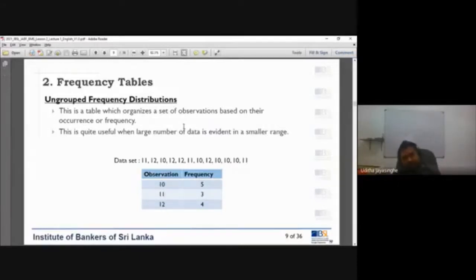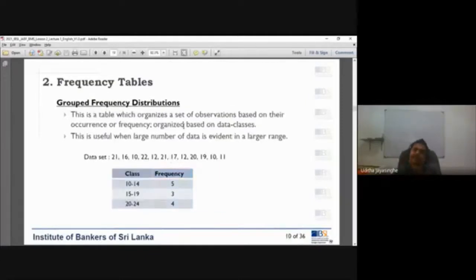Under the next, grouped frequency distribution, the answer is there. But still, bear in mind that if you're talking about maybe 10, 15, 20, 30 kind of a number of observations, this is very handy and it's visually appealing for anybody to see and understand the nature of the data set. Okay.